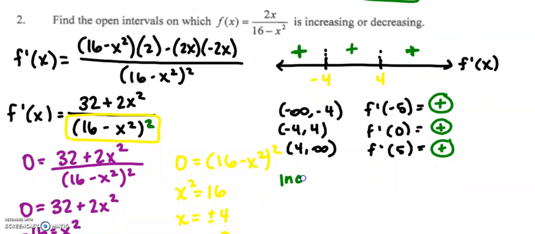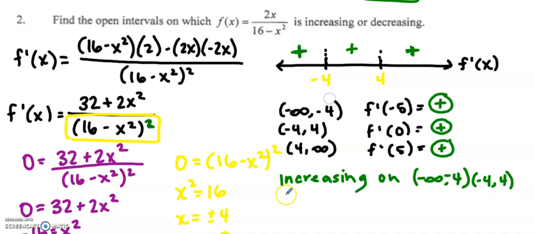What you have to be careful of, though, is that you can't just group them all together because, hold on, let me write this in first. So increasing on negative infinity to negative 4, from negative 4 to 4, if you want to put your union signs in there, you can, and from 4 to infinity, because, and I'm writing out the full word because, not writing b/c, because f prime of x is greater than 0.